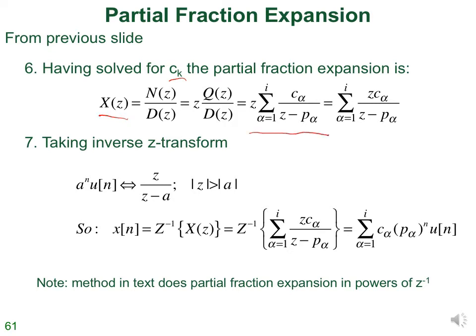When we take the inverse transform, each one of those z over z minus a terms is going to lead to a^n u[n]. Of course, a is the location of each of these poles, so that becomes the pole location to the nth power times the corresponding coefficient and times u[n] for each of these sequences.